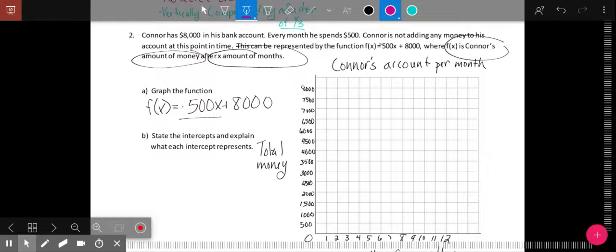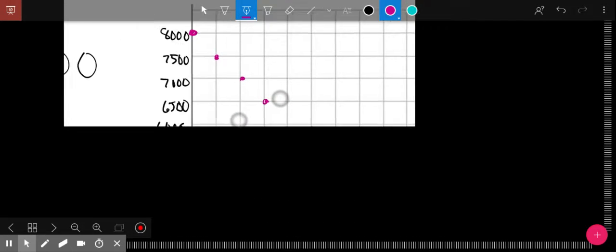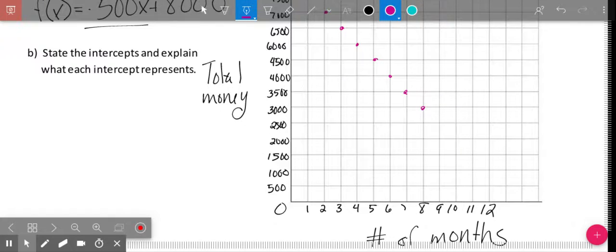So I'm going to start at my y-intercept, which was 8,000. My slope was negative 500, so I'm going to go down 500 and over 1. Down 500 and over 1. And notice since we went up by 500 on our scale, it's really just where the points are. Isn't it nice how it works out like that?